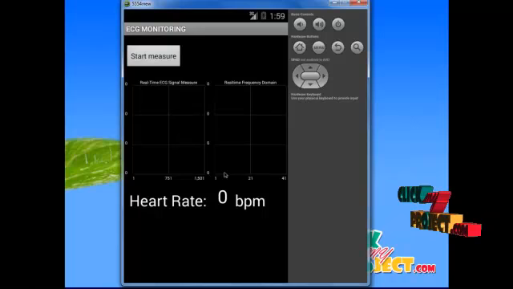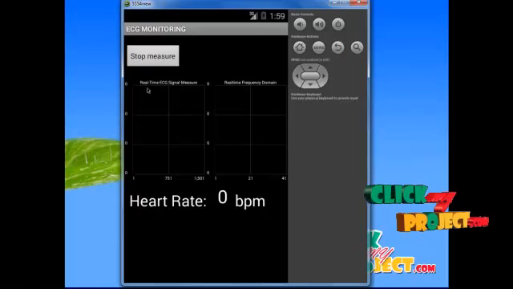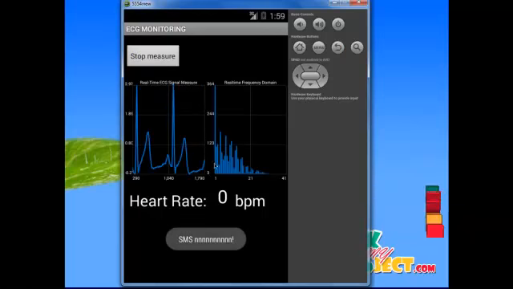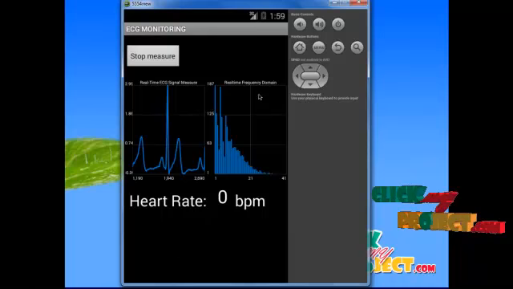The x-axis contains the heart rate values and the y-axis contains the data representation. The next one is the text view for heart rate, which indicates the heart rate and converts it into decimal numbers. After clicking the start measure button, the data will be analyzed and the Fourier signals will be developed.